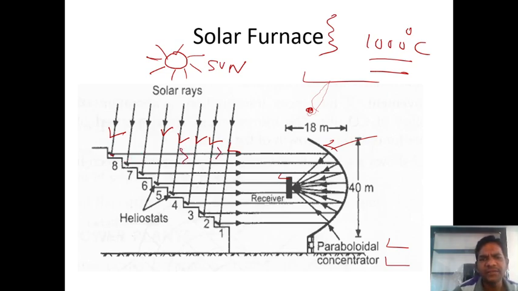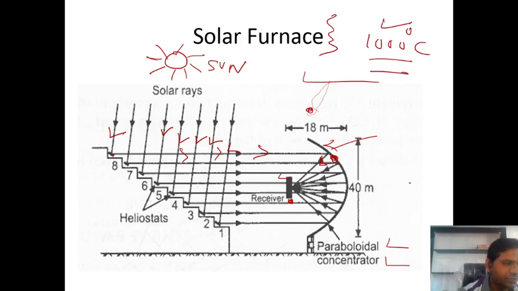Then this radiation reflected from the heliostats is incident on the parabolic concentric collector, and from this concentrator it is collected and reflected onto the receiver guys, and this receiver gains a high amount of temperature, in the range of 1000 degrees Celsius.